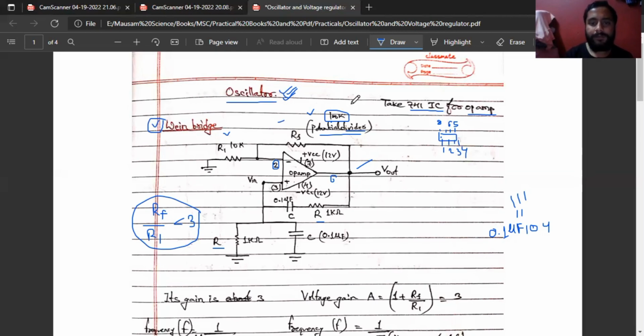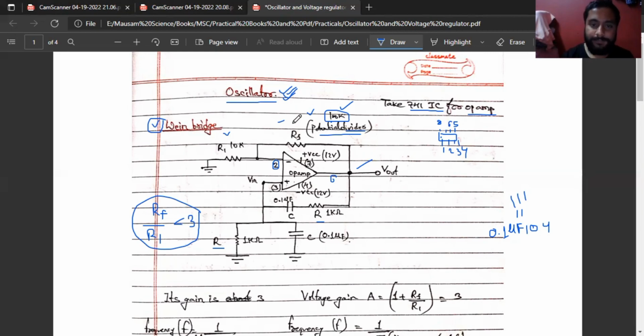Because RF is 100k, if we divide 100k by whatever value we keep here, the result should not be less than 3, because the gain of this type of Wein bridge is 3. So we need to fix this RF and R1.